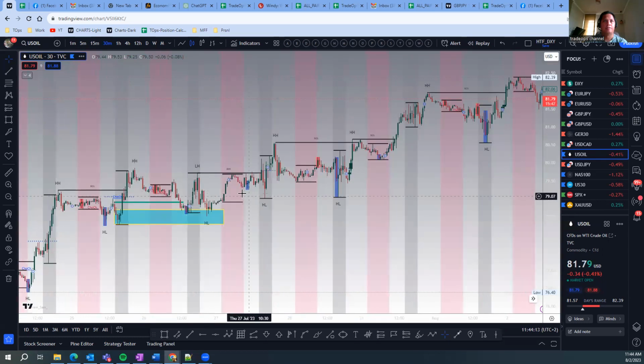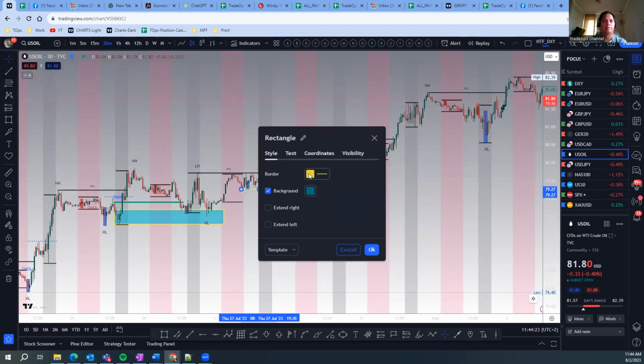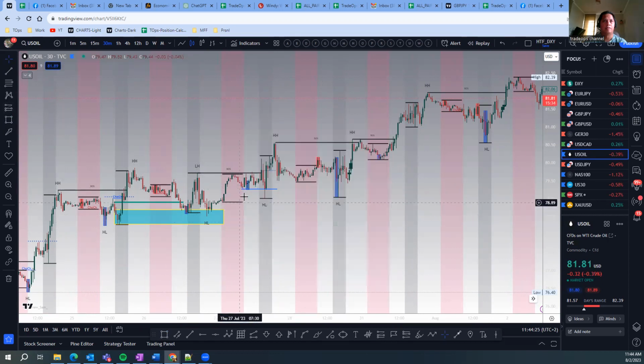Another one. Here there is a break of the structure in this candle, and then price is pulling back to liquidate those long trades which were entered on this inducement level, and then it's offering a long entry.